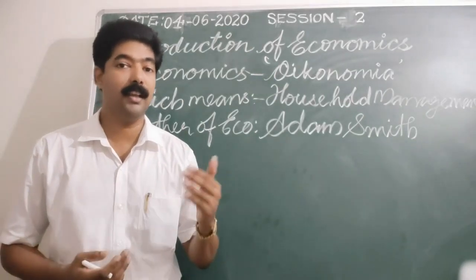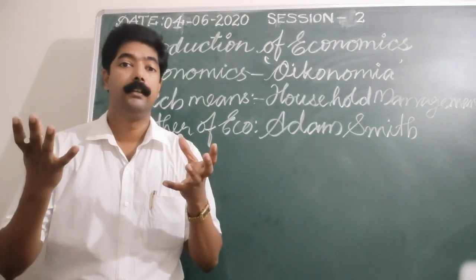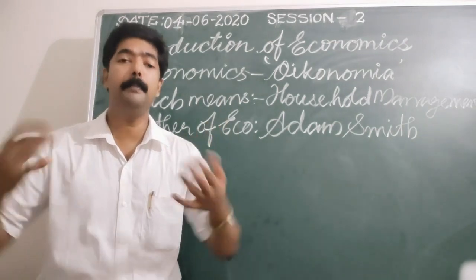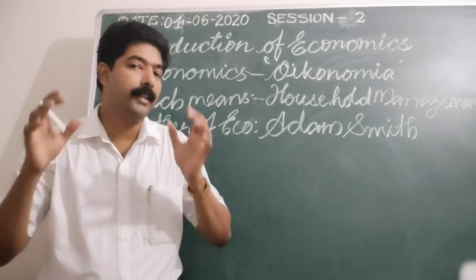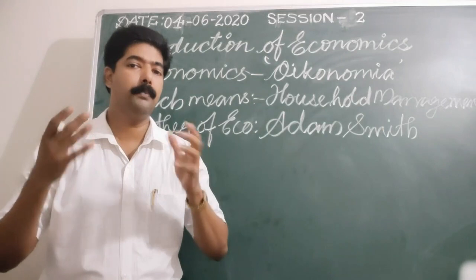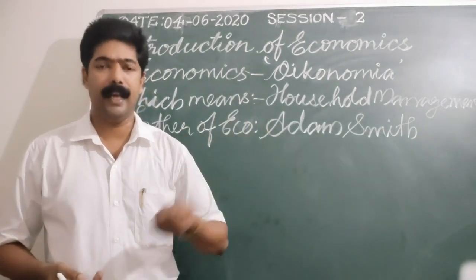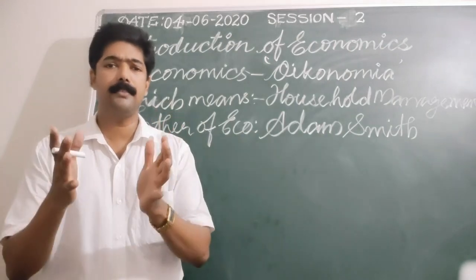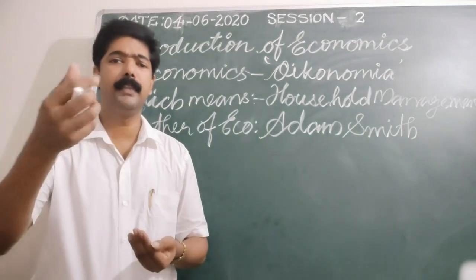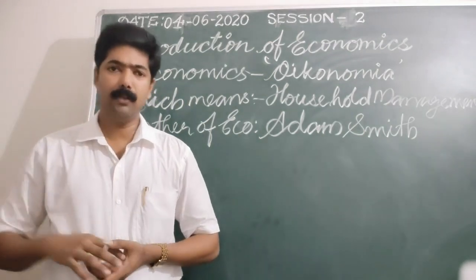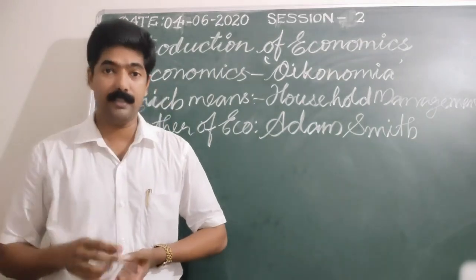In the first session I told you, many people work in many fields, and many activities are taking place in the economy. For what purpose? What is the main purpose behind all those activities? It is very well known that we need to get something in money terms, and that money is used for purchasing goods and services.